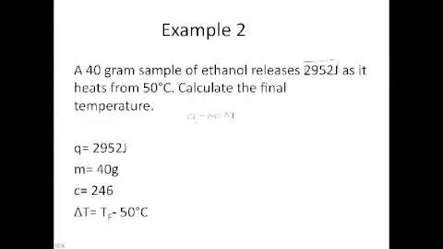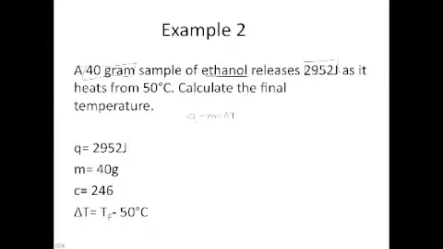Your mass is going to be your 40 gram sample. Then your specific heat you have to go look up. It gives you ethanol. So you have to look up either in the book or on the internet what the specific heat for ethanol is, which I found that it was 246.